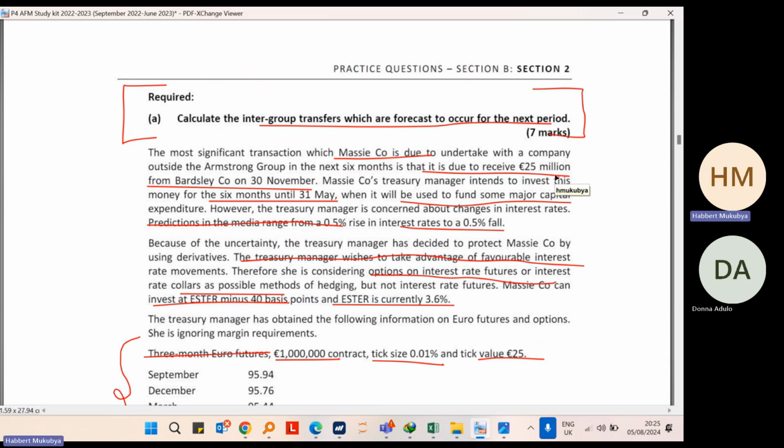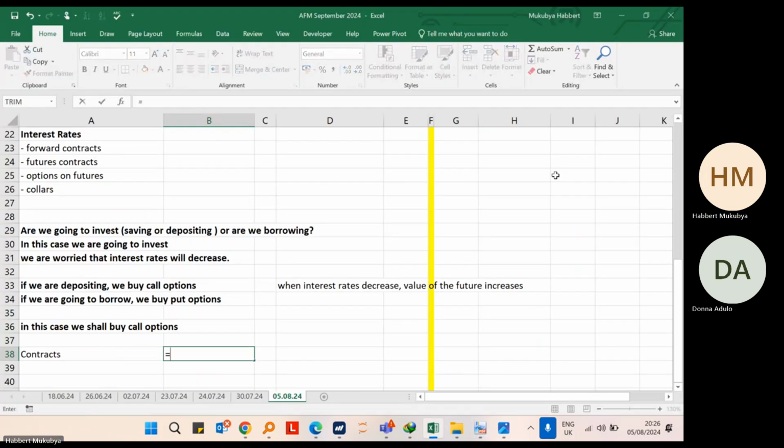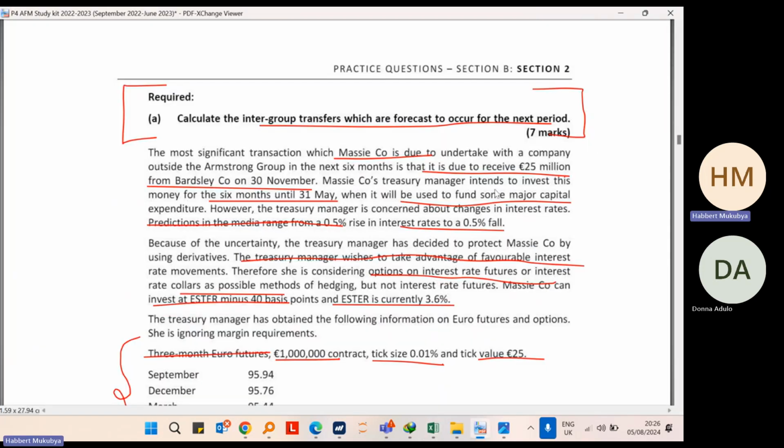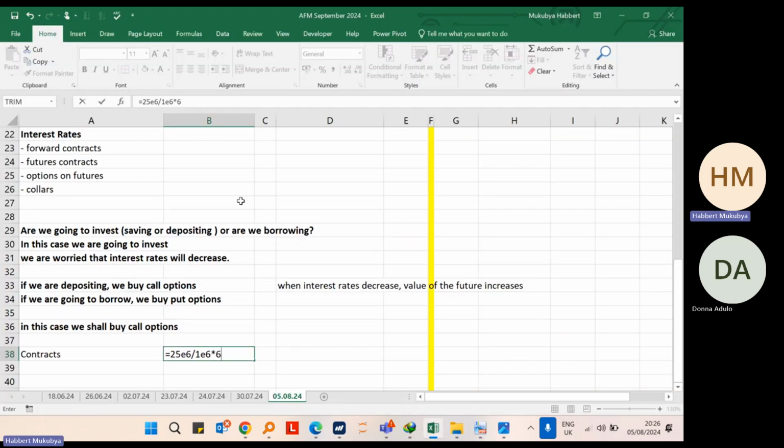So we are going to divide 25 million euros by 1 million euros. But we don't stop there, because we are going to invest this for 6 months. So we multiply by 6, divide by 3.